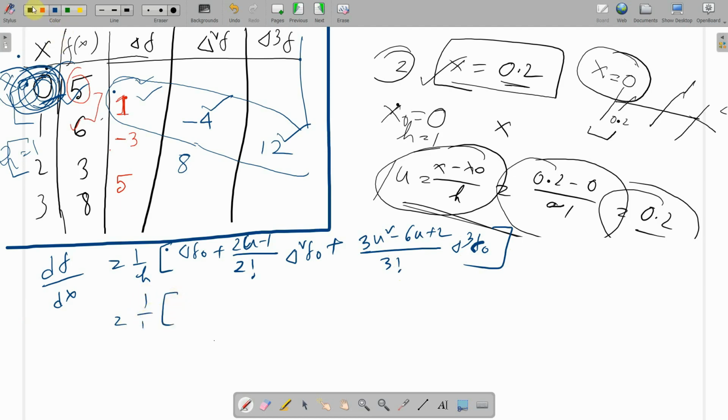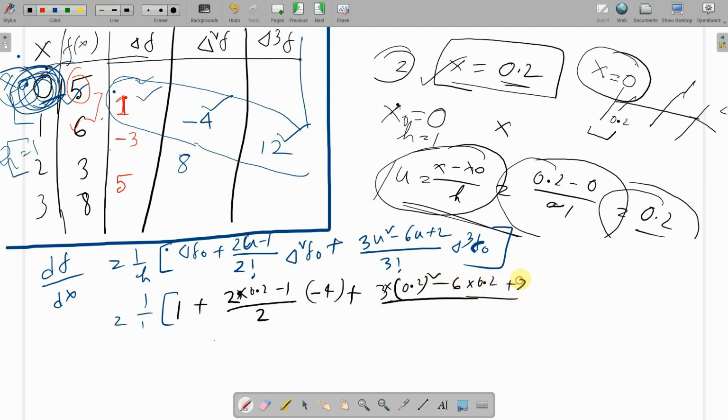This will be 1 plus (2u, 2 into 0.2 minus 1) by 2 factorial, which is 2 minus 4. Check your calculations. Whatever I am writing: 3 times 0.2 square minus 6 into 0.2 plus 2, by 3 factorial, which means 3 into 2 into 1 multiplication, so 6, and it will be multiplied with 12. So this will be the value, 1 by 1 equals 1.